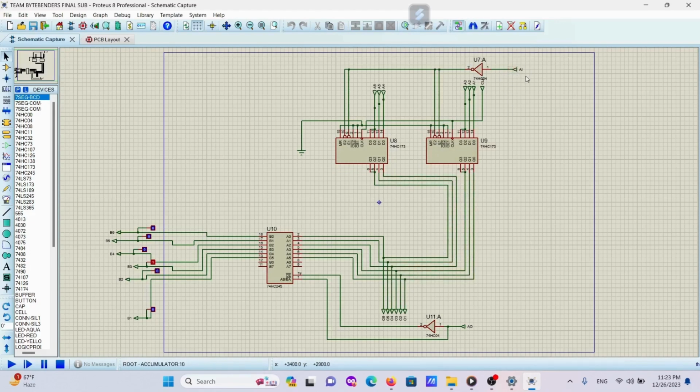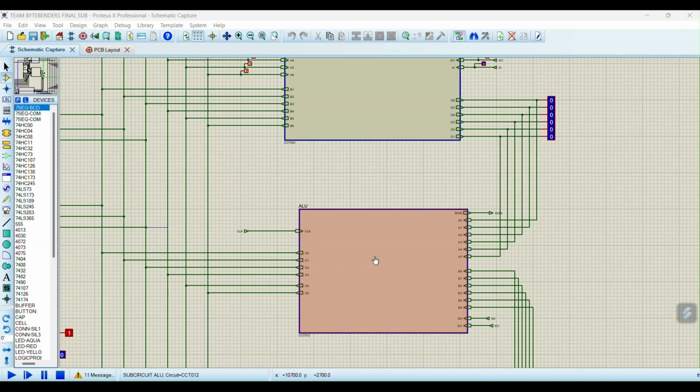So when AI is on, the data will be stored in this accumulator. And when the output pin AO is on, the data will go into the bus. This data is basically the output which comes from the ALU. And this is the data which we will send from the accumulator to the ALU for the required operation. So this is how an accumulator works.